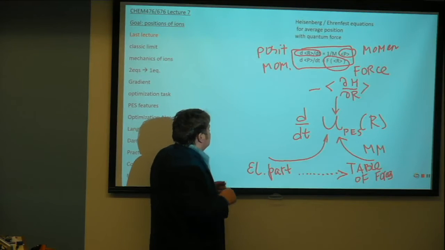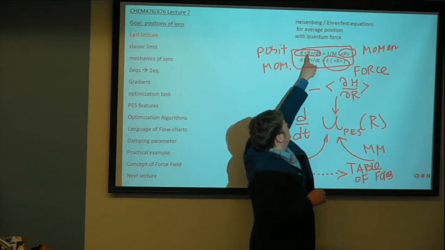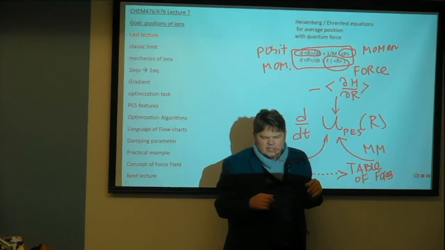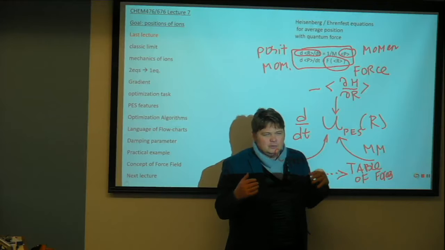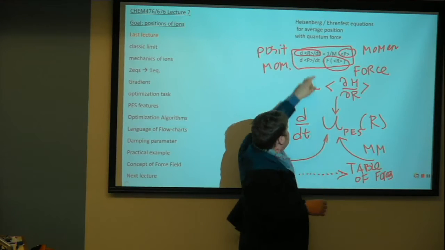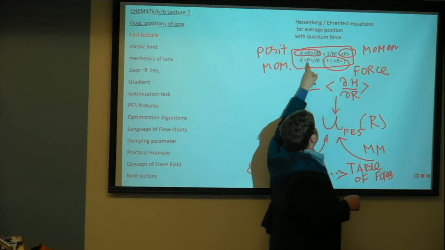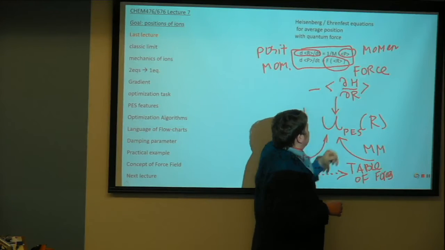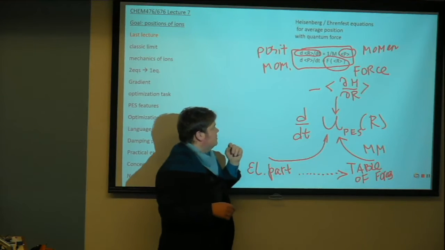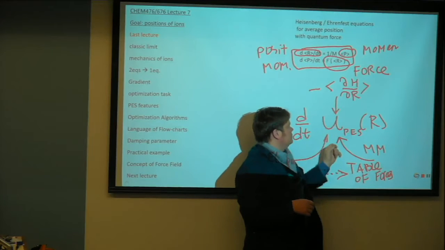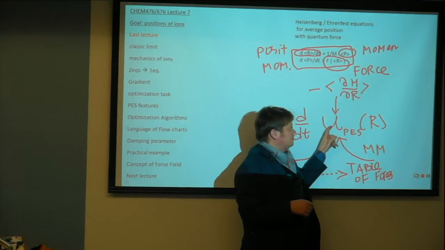So the reason to change position, well, I will skip the words expectation values, but we always have them in our background, the reason to change position is non-zero momentum. And the reason to change momentum is non-zero force. And the force is the derivative, the gradient.